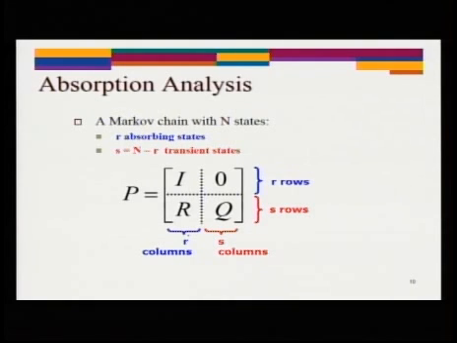So the absorption analysis involved partitioning the given absorbing Markov chain into 4 different portions. Okay, identity matrix, and then zero matrix here, and then Q matrix, R matrix.